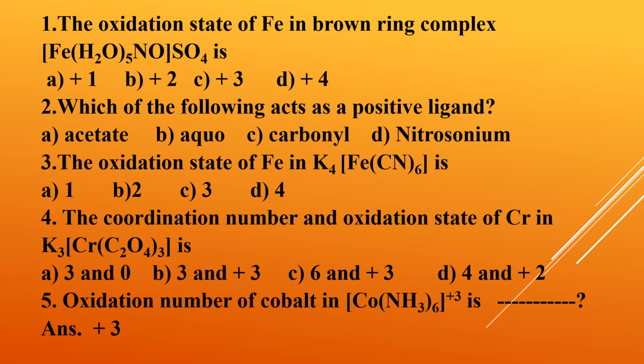To get the oxidation state of iron, X plus 0 into 5, since H2O is a neutral ligand but 5 are there, plus NO is also a neutral ligand named nitrosyl, plus 0 is equal to plus 2. So X is equal to plus 2.